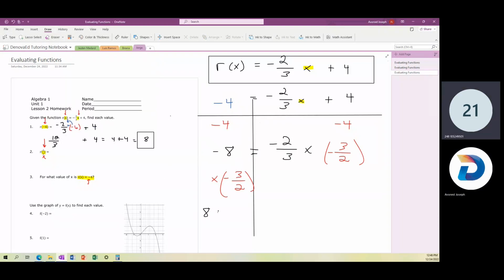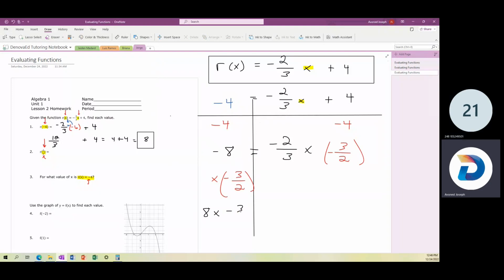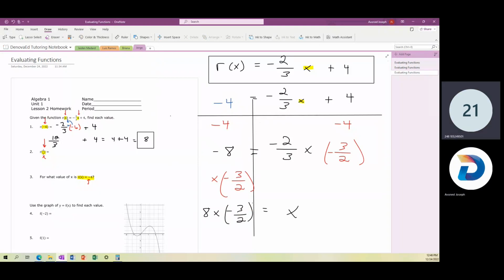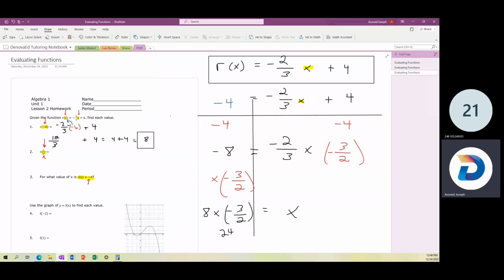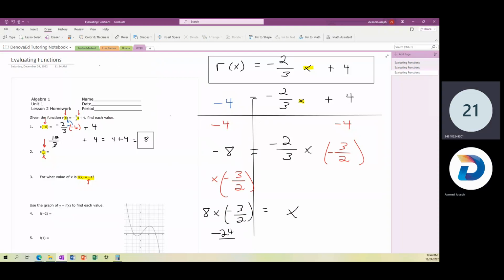Now we have -8 times -3/2 is equal to x. You see that part? Yeah, okay, so it's 8 times 3. 24, right? So we have -24 over what? 2.